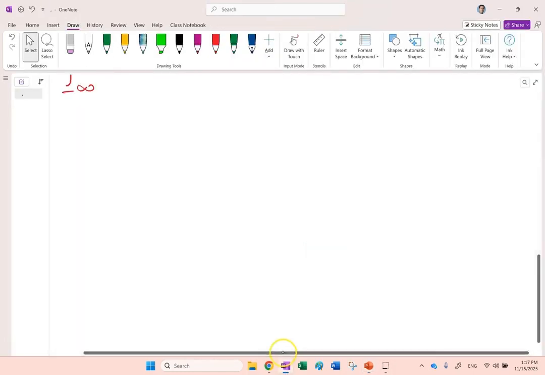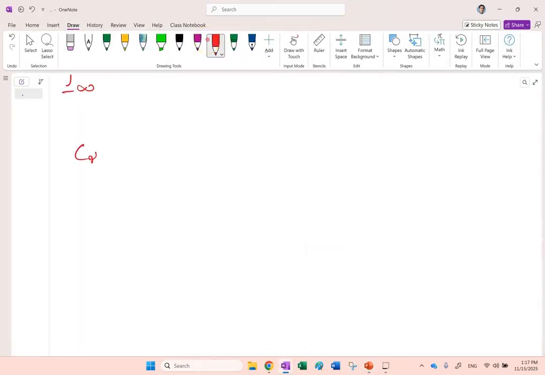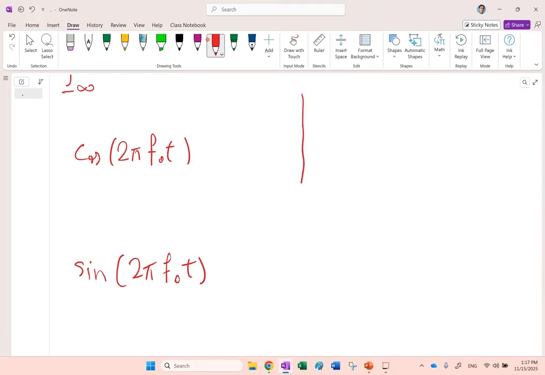So if I want to plot them for cosine of 2 pi f naught times t, and then for sine of 2 pi f naught times t, remember, in general, they could be complex numbers. So this is the magnitude, this is the phase, right?